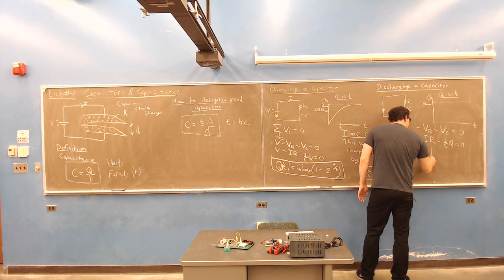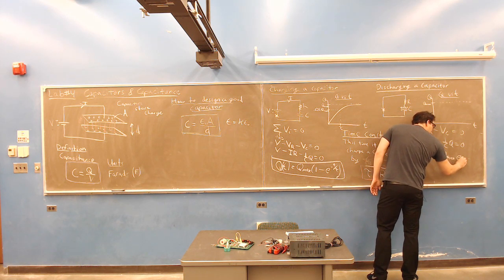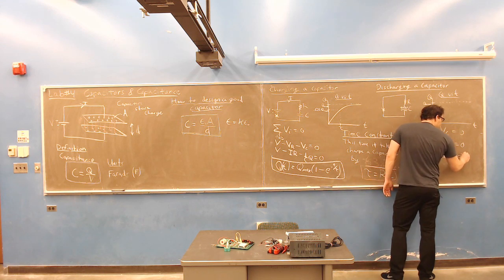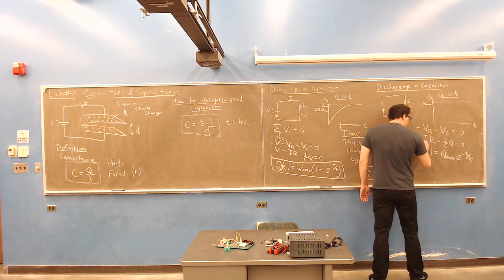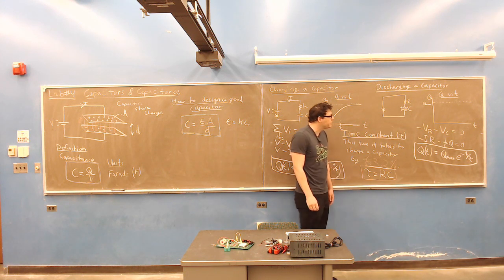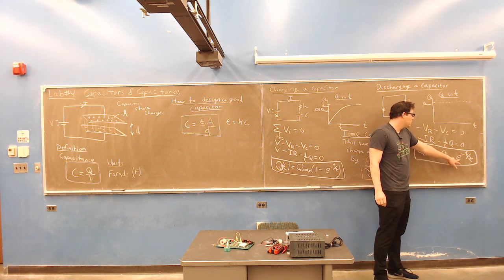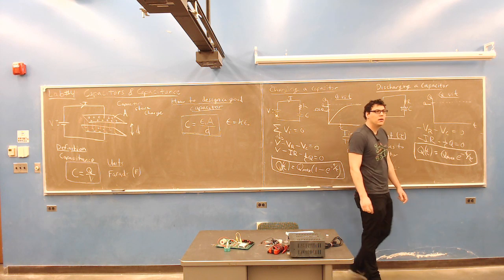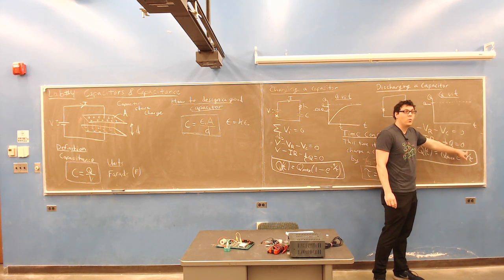Q as a function of time is equal to Q max e to the minus t over tau. All right, when t is equal to 0, what do we get here? We get 0 up here, which means that we got e to the 0, which is 1.